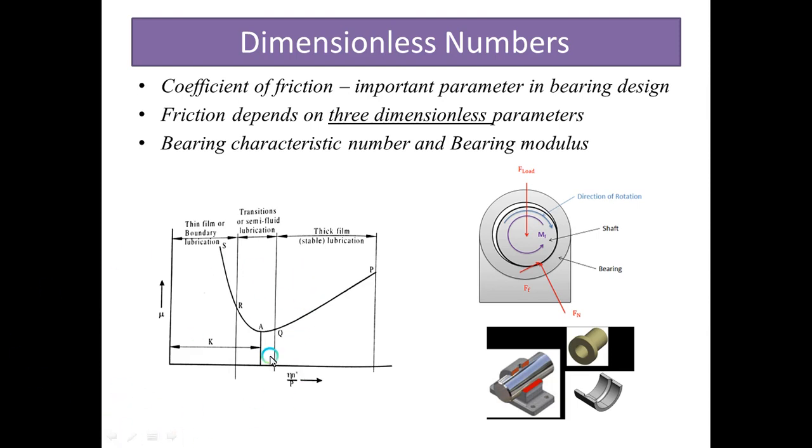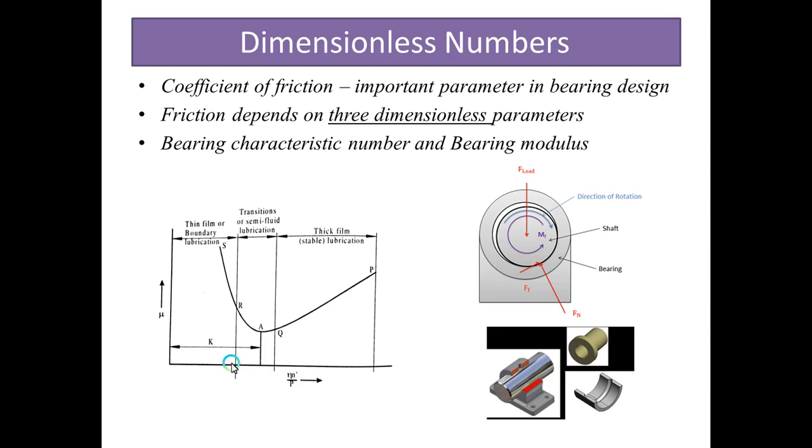So we need to take the bearing characteristic number eta n dash by P equal to 3 times the K value, where K represents the value at which the friction will be less. That 3K we need to consider for a safer condition to prevent such metal to metal contact. Generally we take eta n dash by P equal to 3 times K.